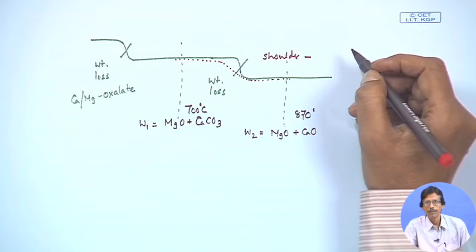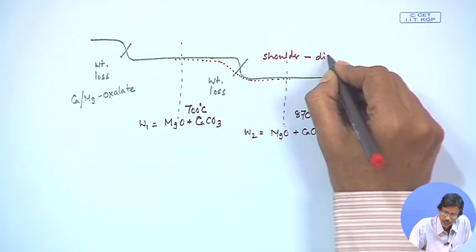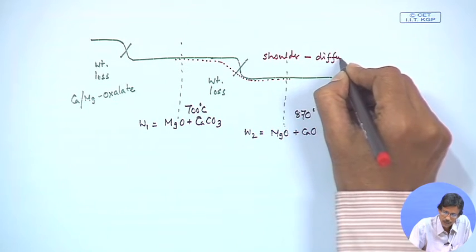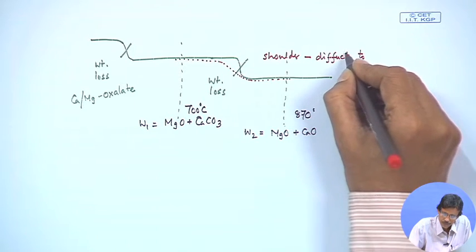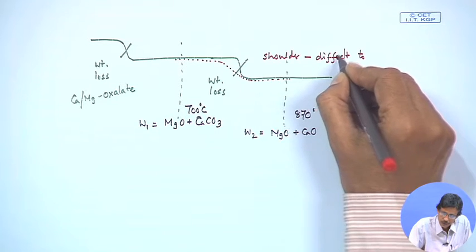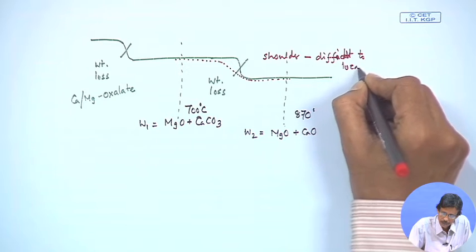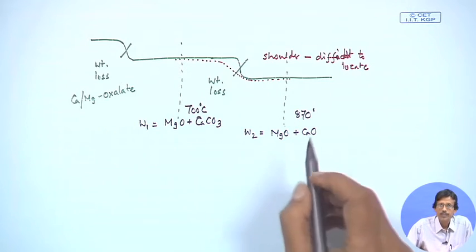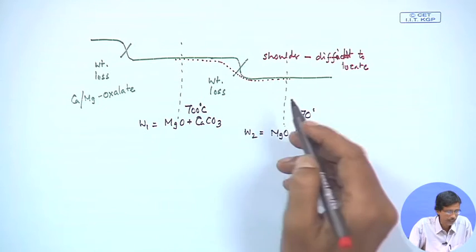If it is a pretty continuous one and it is a shoulder, it is difficult to locate. So, it will be difficult to locate this particular point, particularly the temperature.